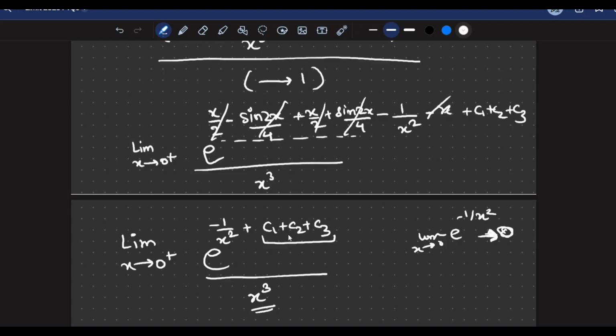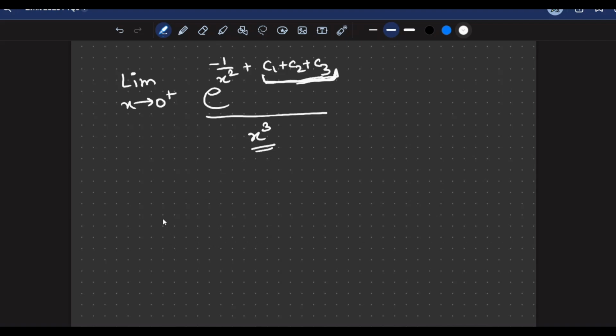But if c1 plus c2 plus c3 is not 0, I will be having some finite value in the numerator and my limit won't be defined. Is that acceptable? I have to find the value of the limit, but it won't be defined if c1 plus c2 plus c3 is not 0. So c1 plus c2 plus c3 has to be 0.